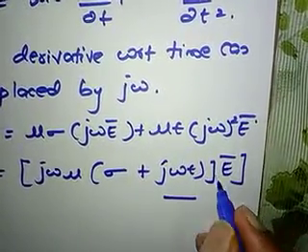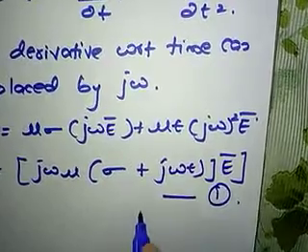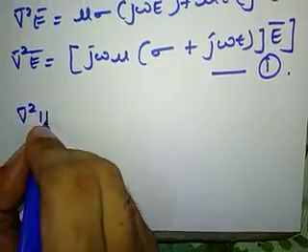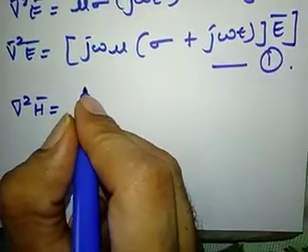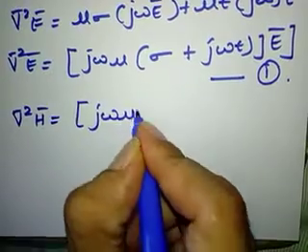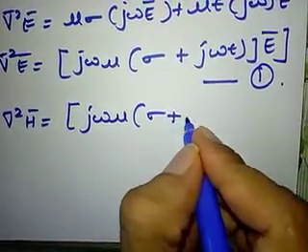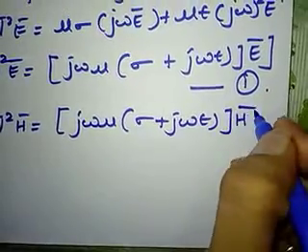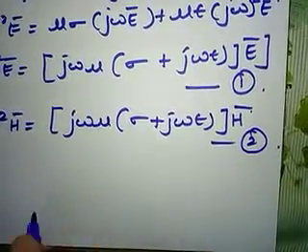Take it as equation 1. Similarly, for the magnetic field intensity, del square H bar is equal to j omega mu into sigma plus j omega epsilon, into H bar. Take it as equation 2.